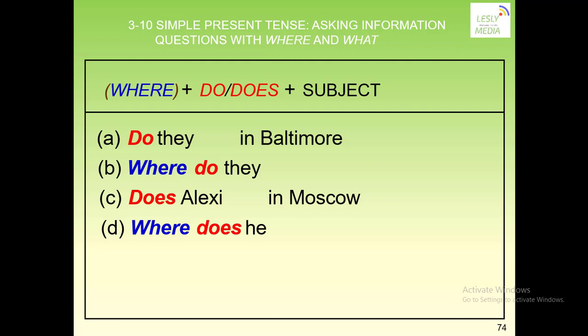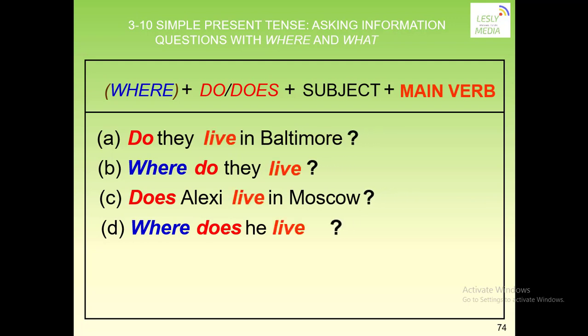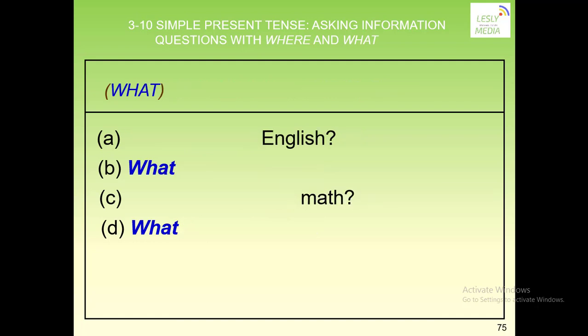Jadi kalau kamu gunakan where atau yang di mana, formulanya harus seperti ini. Where plus do or does plus subject plus main verb, yaitu verb 1. Oke, like this. Kalau mau tambahkan kata tanya.